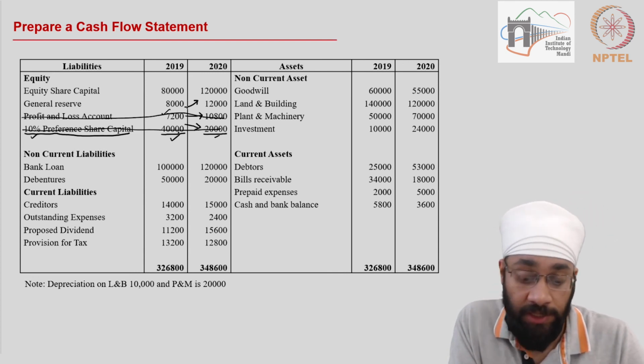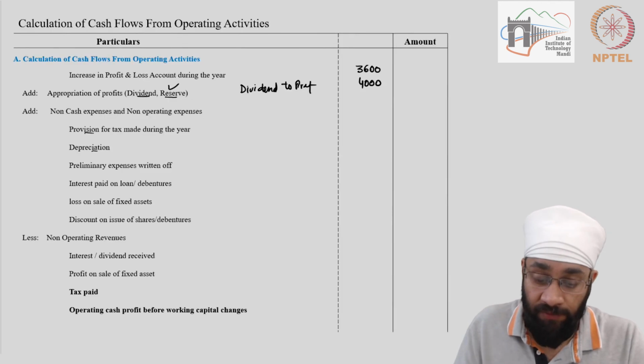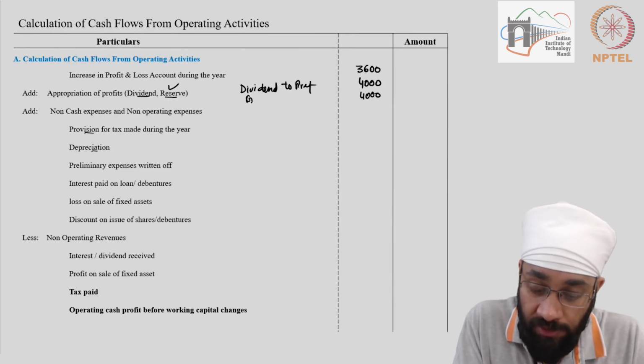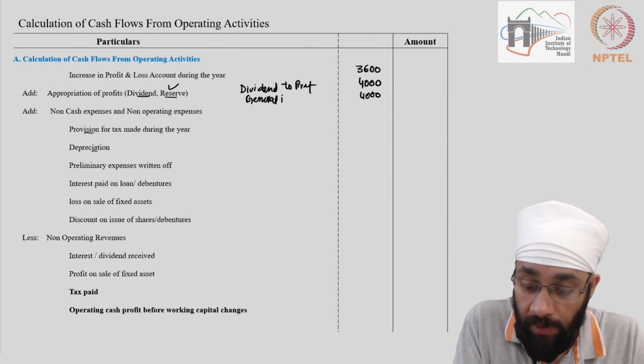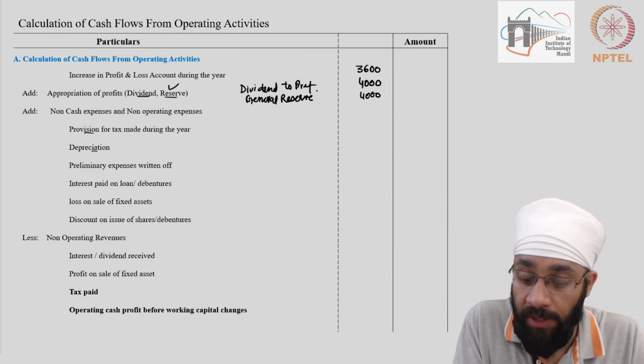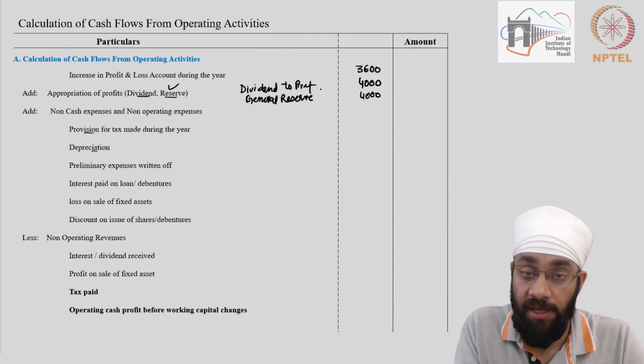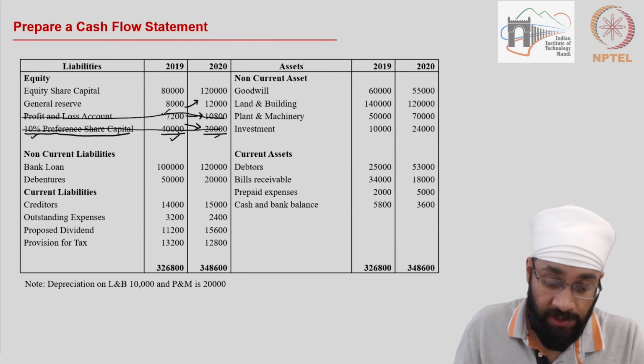This is a non-cash item. We have to add back 4,000. So 4,000 is the general reserve. You did not pay this money to anybody, so actual profit during the year is higher by 4,000. That's what we are writing.